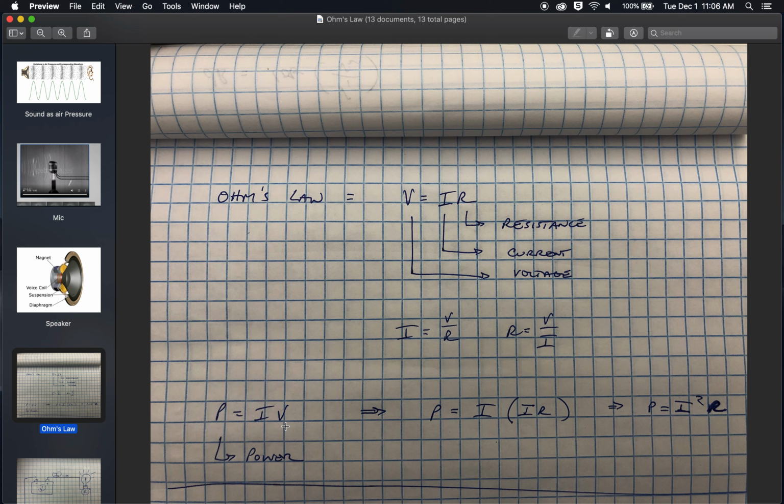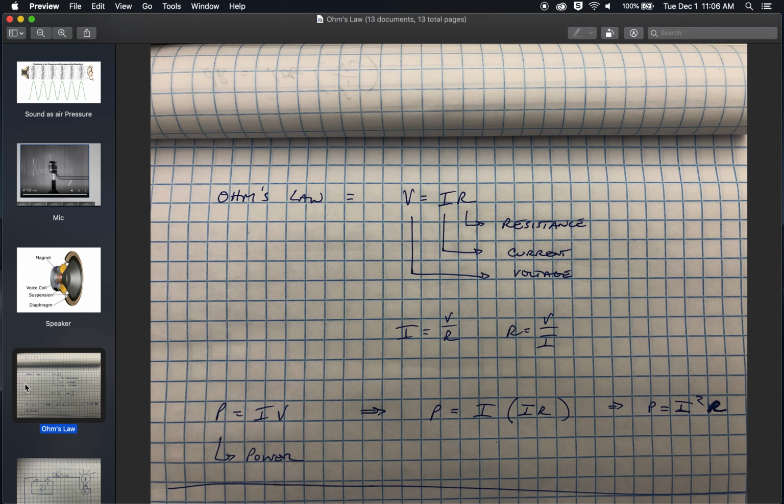So everything is really voltage dependent. We could rearrange this equation: if we take V equals IR, which is just Ohm's law, and we replace this V with IR, that gives us P equals I squared times R.